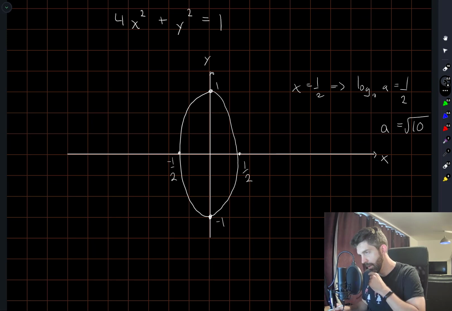But root 10 is smaller than 10 to the power of root 2. I don't think that's a possible solution though, right?